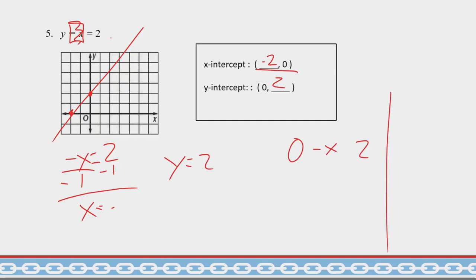And then to find the y-intercept, we know that x is 0: y minus 0 equals 2. And then you could solve those out using algebra that way also.